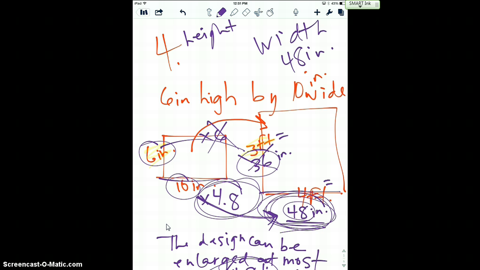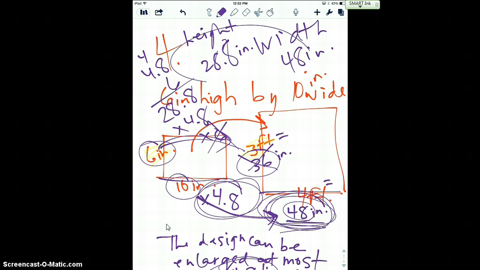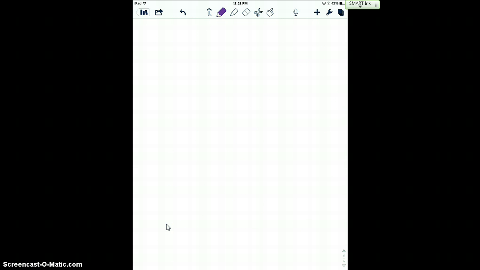I multiply by 4.8. So if I take 6 and multiply it by 4.8, I should have my answer of 28.8 inches. So there I have it. Okay, one more problem. Got it?